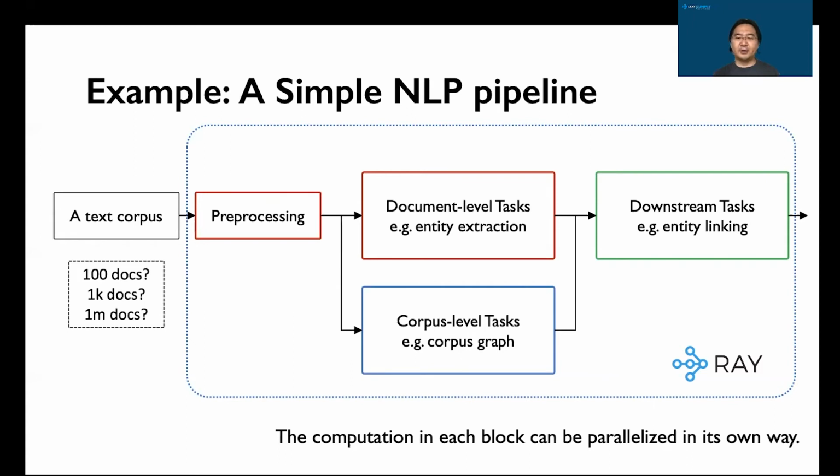And after you combine these two, these downstream tasks can also be parallelized in another way. For example, you can have all the document level results, and then do some clustering, and then do some entity linking on every cluster of the documents within your corpus.